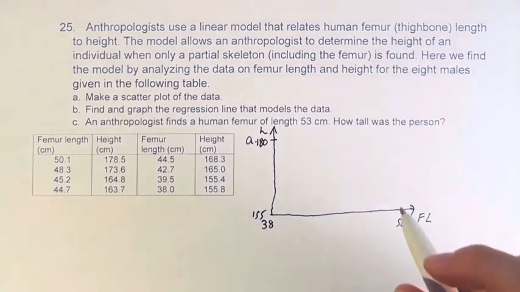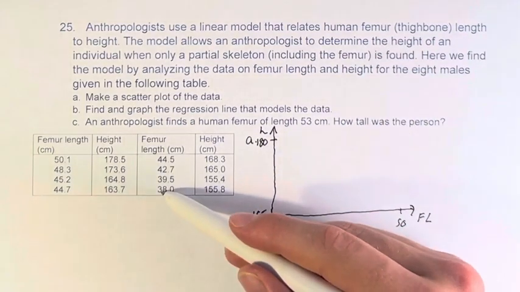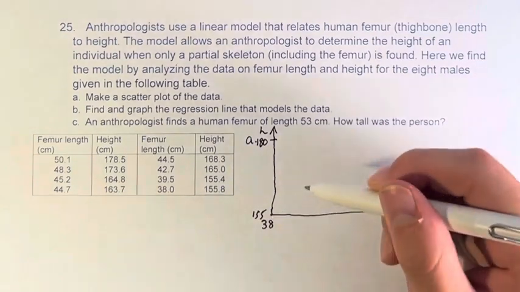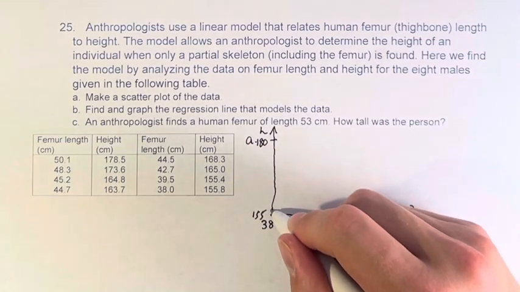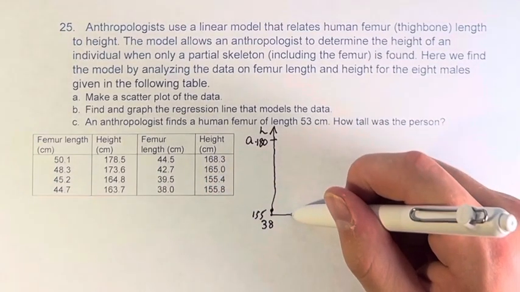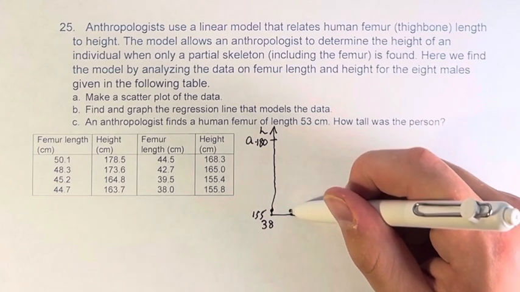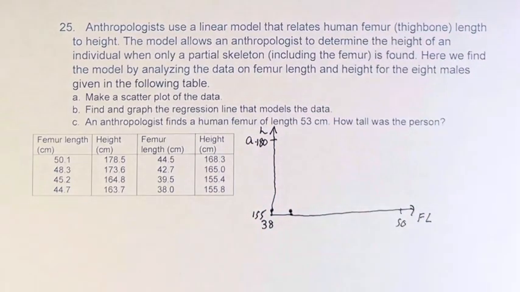So, starting us off, we have a 38 right here and 155.8 right there. Next, 39.5 can be right here. 155.4 is almost the same exact thing, just a bit above 155.